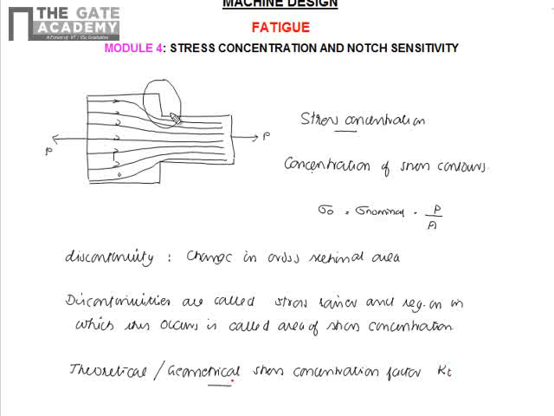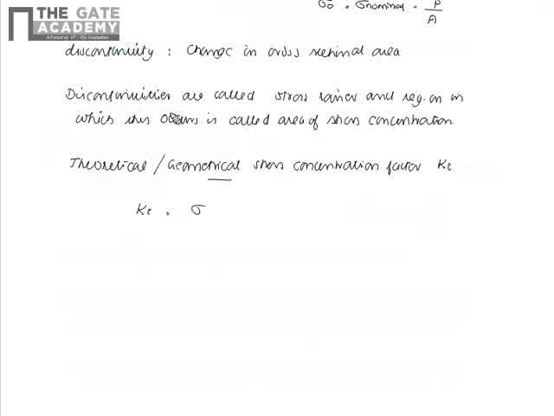The theoretical or geometrical stress concentration factor KT can be defined as the maximum stress to the nominal stress. That is the ratio of maximum stress due to discontinuity or stress raisers to the nominal stress value.